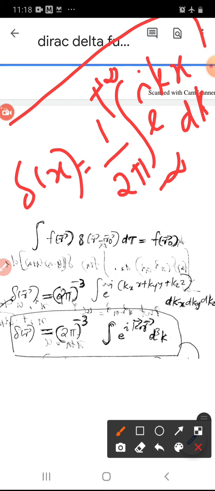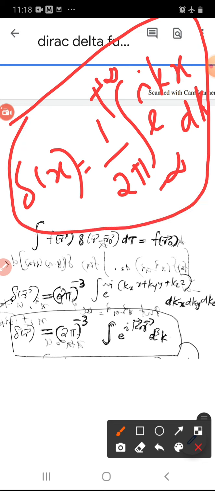This is the integral representation of the Dirac delta function. Here we need the three-dimensional one. So for delta x we have this expression, for delta y we will have the same kind of expression, and delta z also.